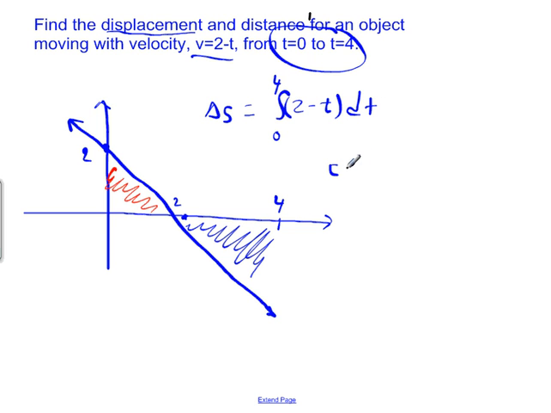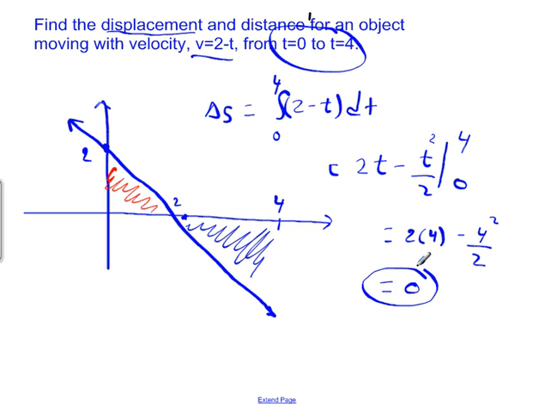Well, this equals 2t minus t squared over 2, evaluated from 0 to 4. Well, the 0's going to go away since when I plug 0 into t, it's nothing. So the only term we're looking at is the 4. And as we expected, our total displacement is 0 because we walked the same amount in the positive direction as we did in the negative.